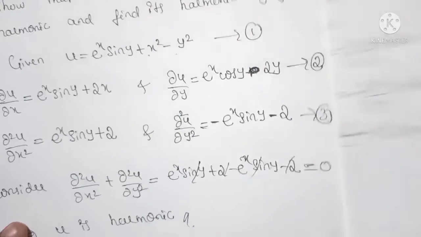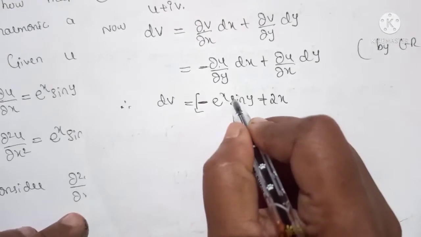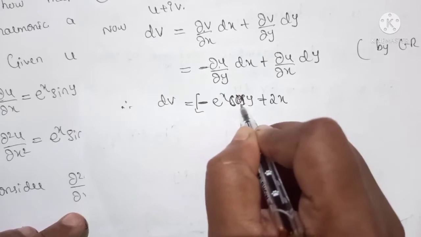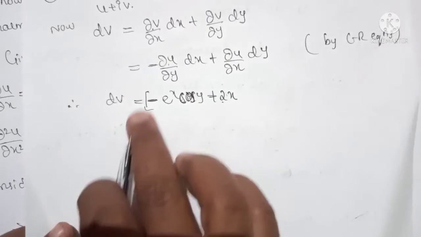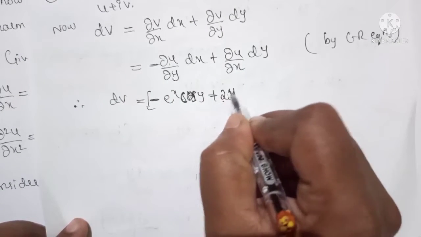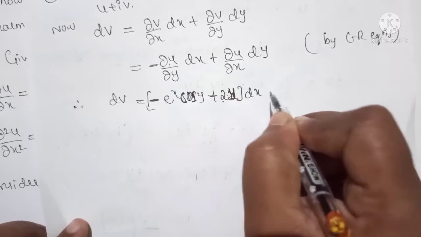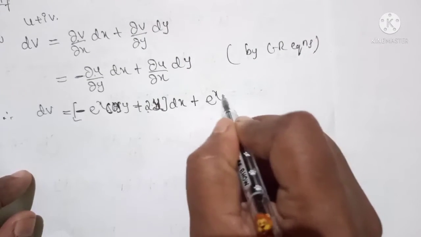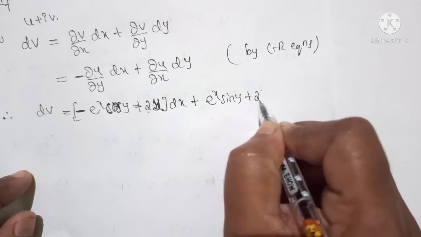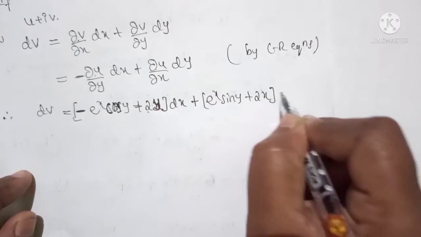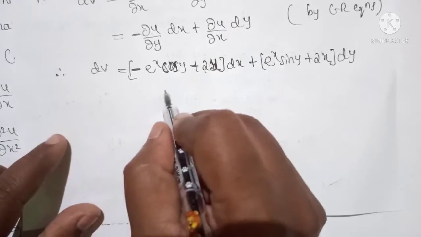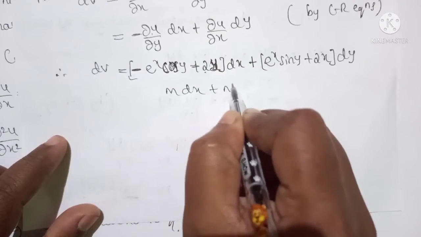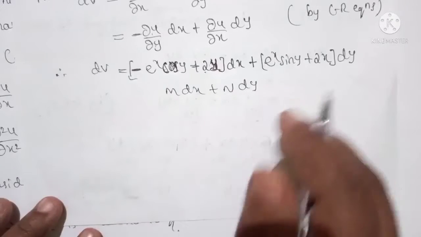So it is minus, e raised to x cos y plus 2y, but minus into minus we get plus 2y, into dx, plus dou u by dou x value is this one, e raised to x sin y plus 2x, into dy. Now it is of the form M dx plus N dy, that is exact equation form.